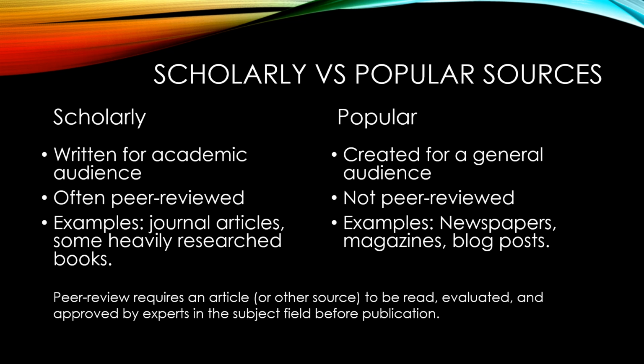The peer review process requires an article to be read and approved by several experts in the field before being published. Examples of scholarly sources include academic journal articles and some heavily researched nonfiction books. Examples of popular sources may include news or magazine articles, blog posts, or websites.